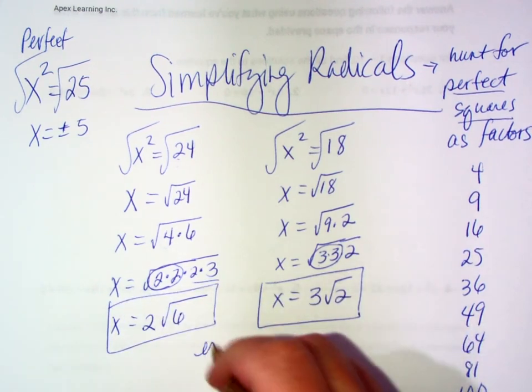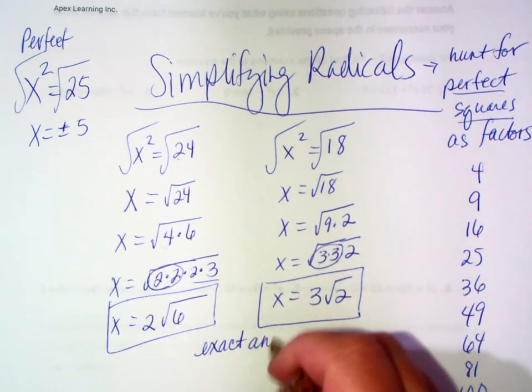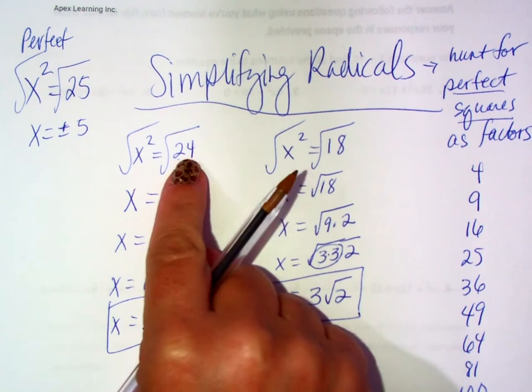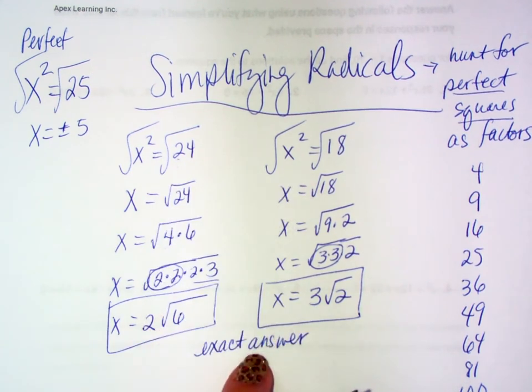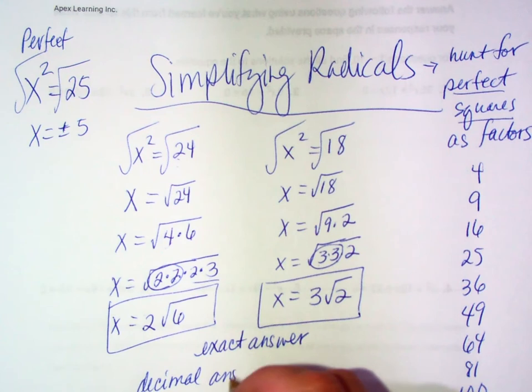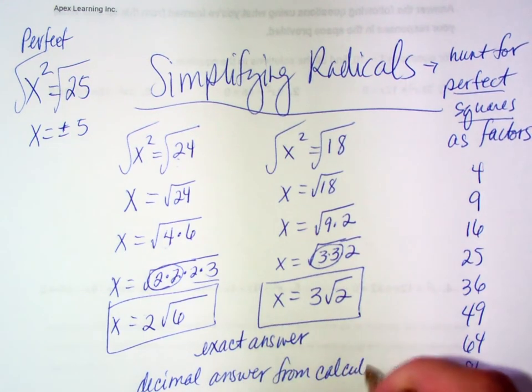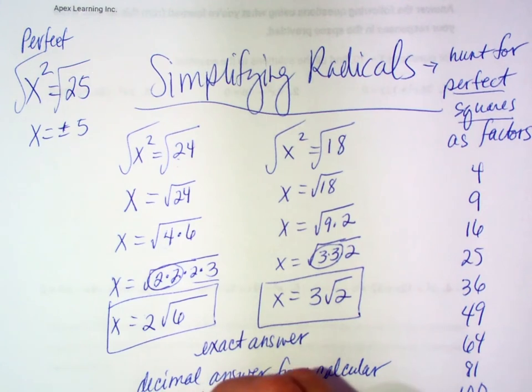These answers are called the exact answer, because 2 times the root of 6 will give me exactly what the square root of 24 is. If you were to plug this into a calculator and get a decimal answer, the decimal answer from a calculator has to be rounded.